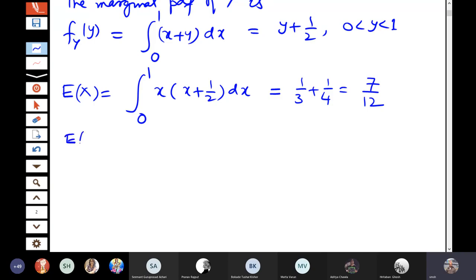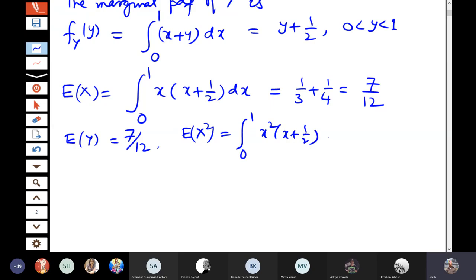So expectation of y will also be same. Let us look at expectation of x square. So that is 0 to 1 x square into x plus half. So that is 1 by 4 plus 1 by 6. So that is becoming 5 by 12.